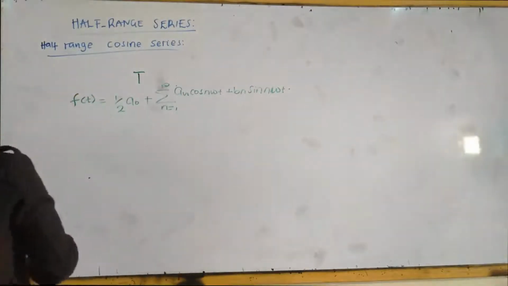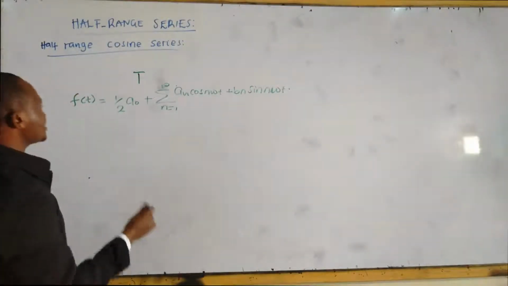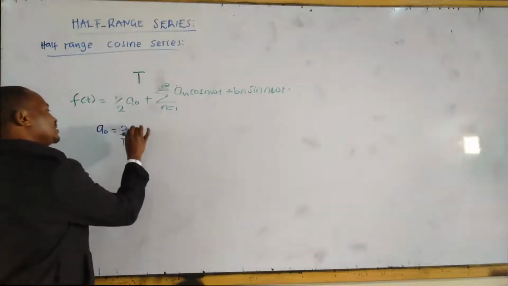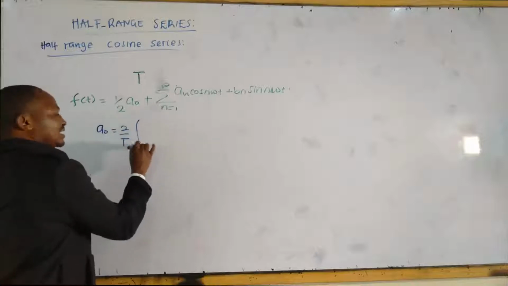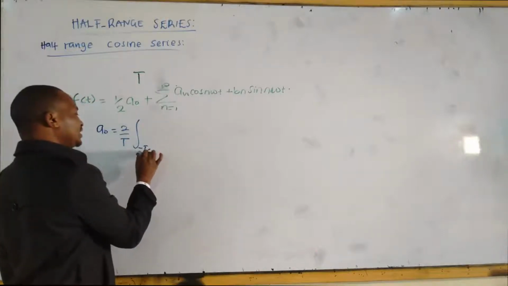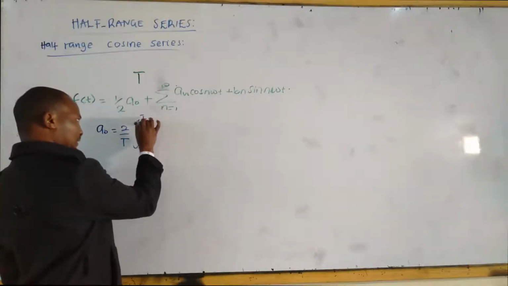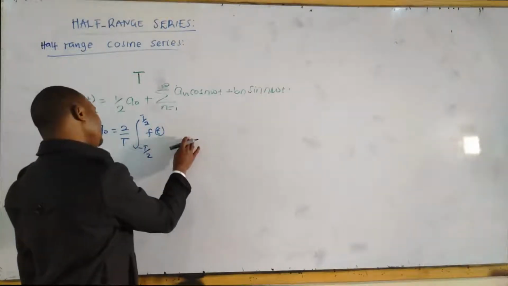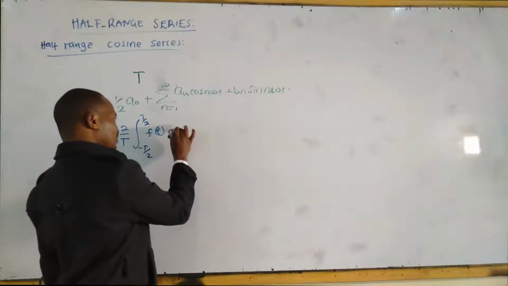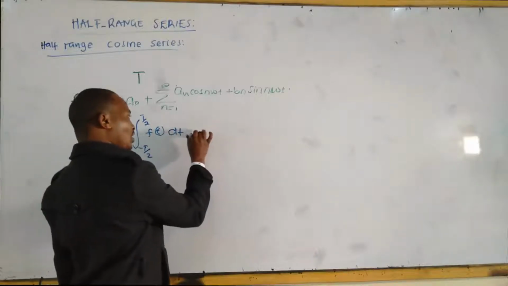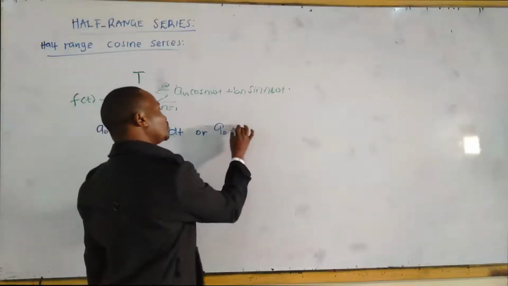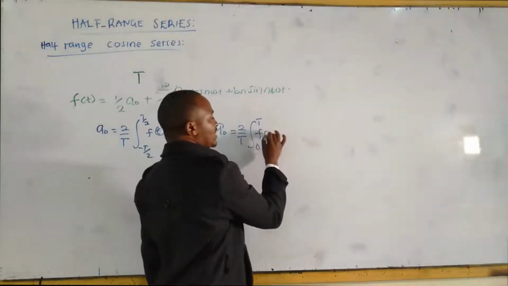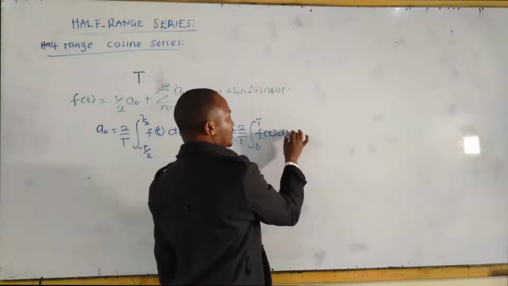And we said the Fourier coefficients in this case are: a naught is 2 over T, integrate from negative T over 2 to T over 2, function of t with respect to t, or a naught is equal to 2 over T, integrate from 0 to T, function of t with respect to t.